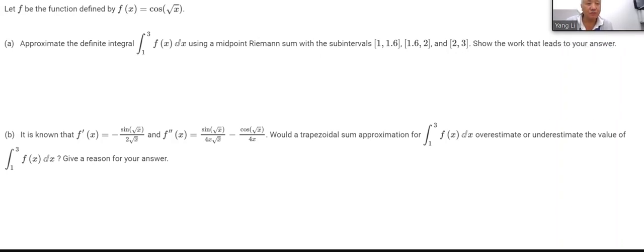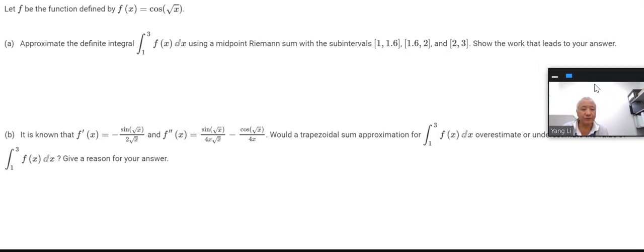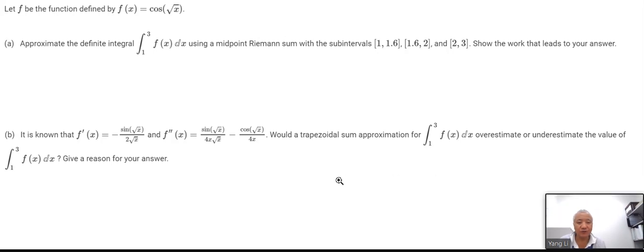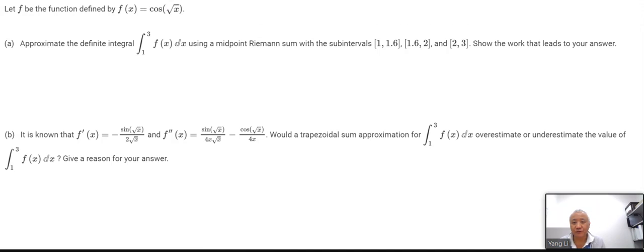So when you do this one, what you need to do first is work on the Riemann sum, right? Before you do the Riemann sum, you can do a general sketch.